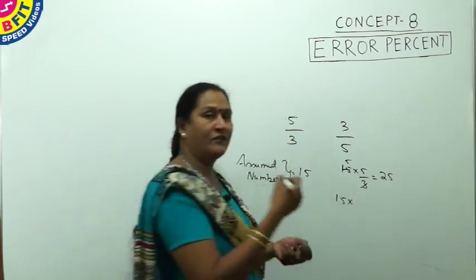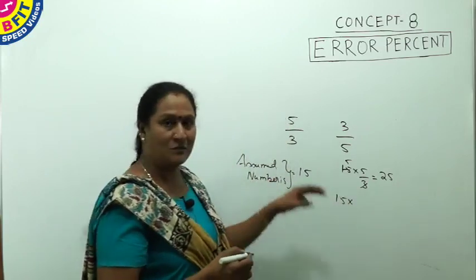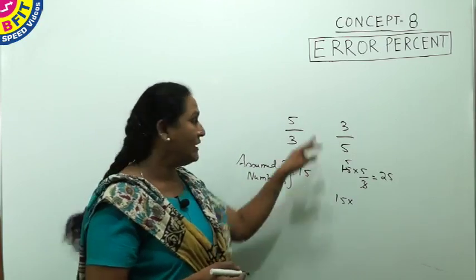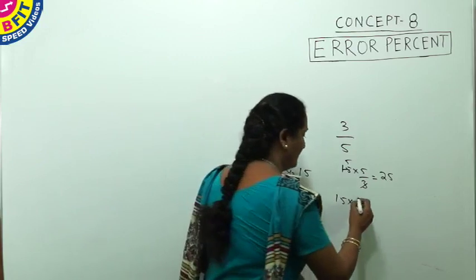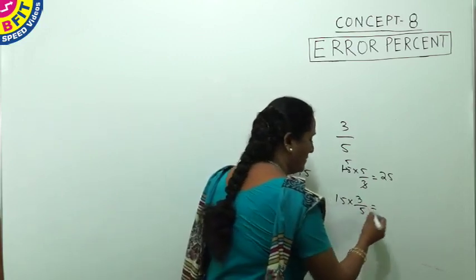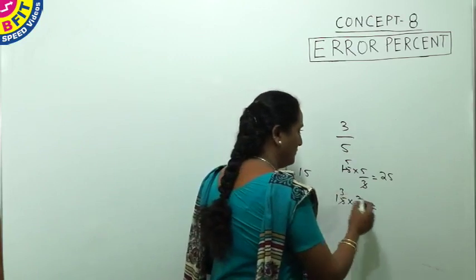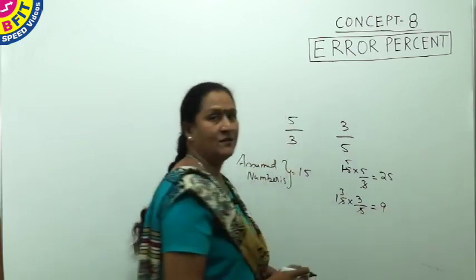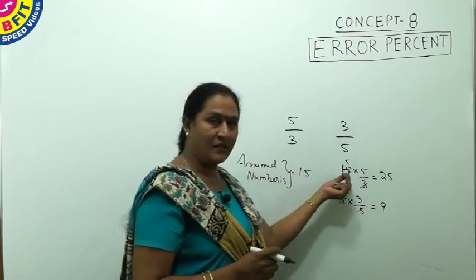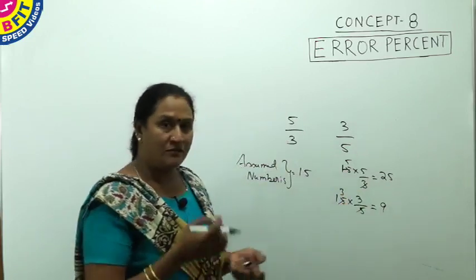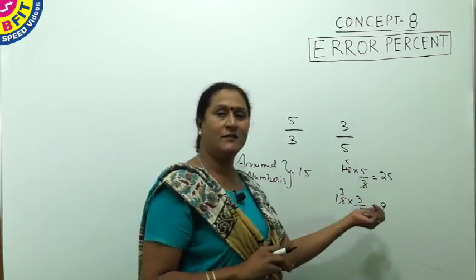Dividing with 5 by 3 means it was multiplied with its reciprocal, that is, with 3 by 5. Now what is the answer got? 9. So actually when multiplying the number with 5 by 3, the answer should be 25, but as it was divided by 5 by 3, the answer got is 9.